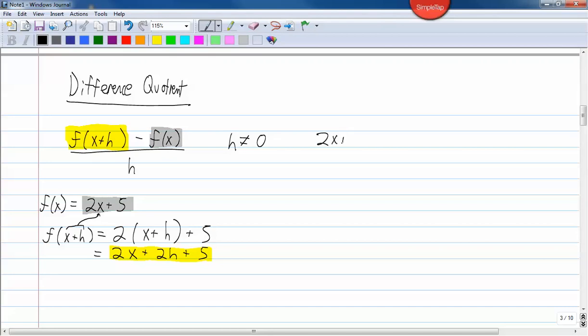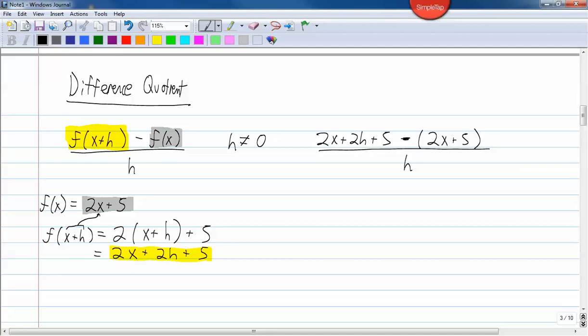So 2x plus 2h plus 5, that was my f of x plus h, then minus f of x, which is 2x plus 5, so minus the quantity 2x plus 5, all over h. And so our goal here is to do any type of algebra that we can so that we can cancel the h out in the denominator.